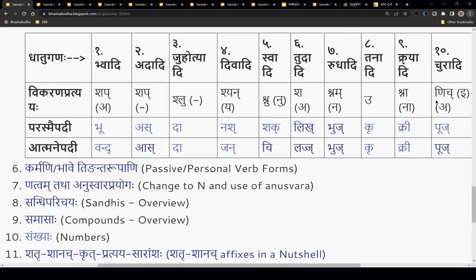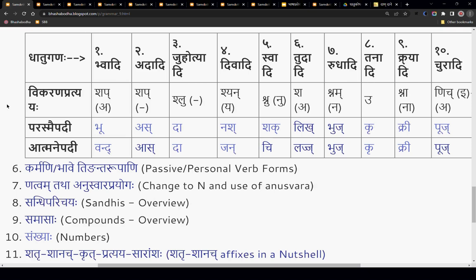So what does that mean? We just saw the ending letters like ti or te, and based on that, the pada of a dhatu is identified, whether it is parasmaipadi or atmanepadi. Now, what comes in between is the basis on which a dhatu is categorized into a gana. But what comes in between is only applicable for four lakaras, not the other six lakaras.